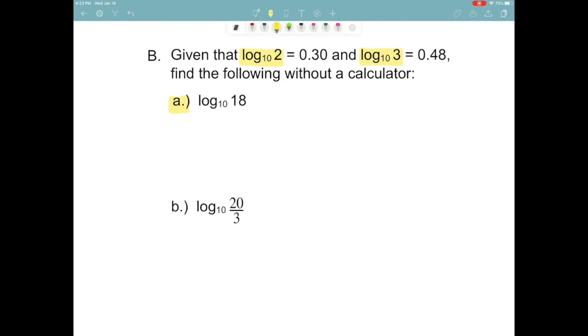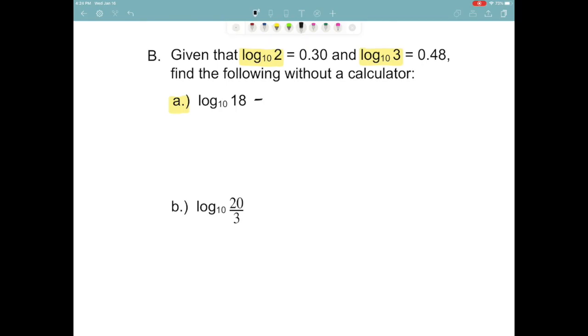In other words, we need to figure out ways to multiply or divide 2's and 3's here to get 18. If you want to pause the video at any point here, try to work it out, that's totally fine. These ones are kind of like puzzles, so they're kind of fun for some people. Here's what I would do.